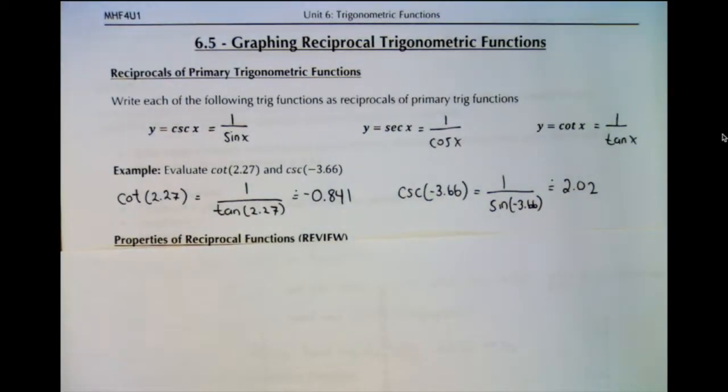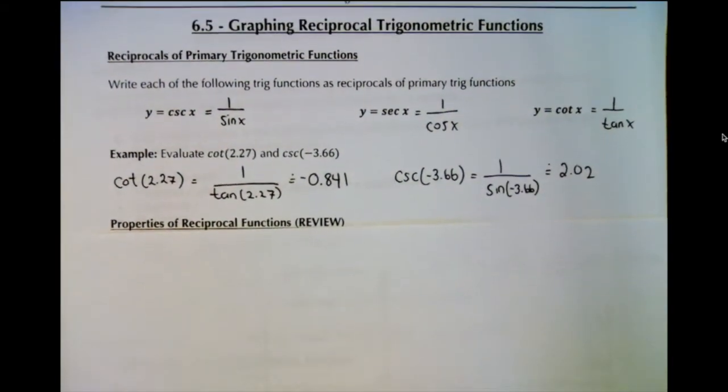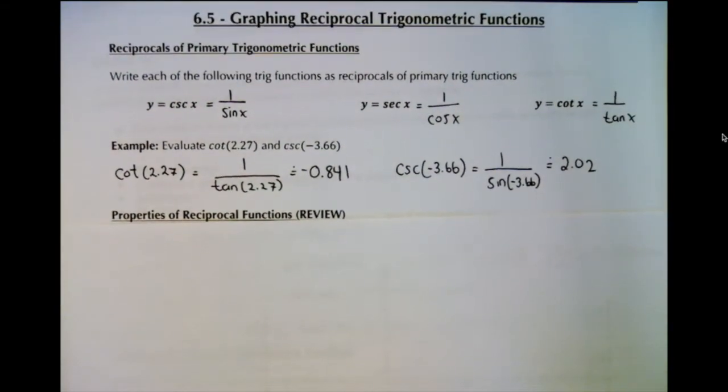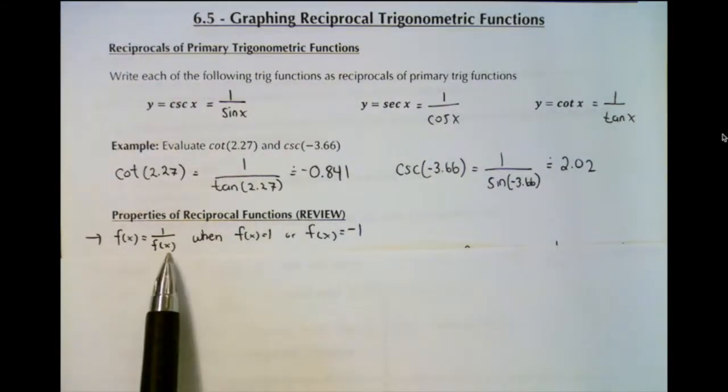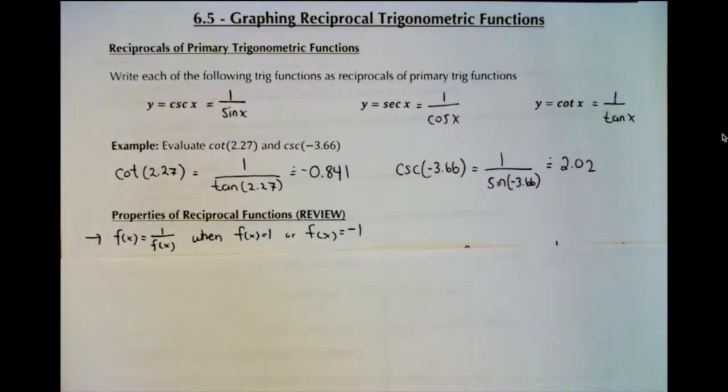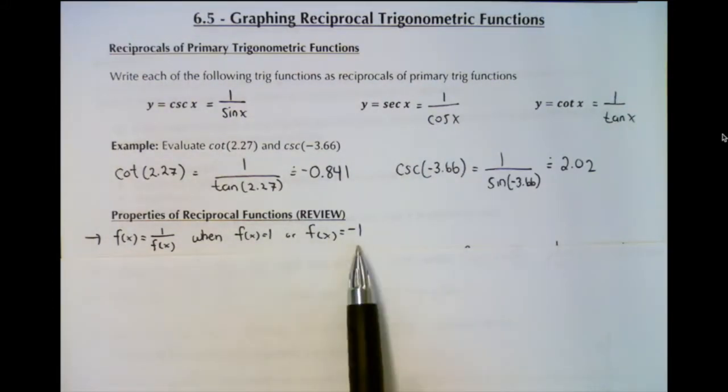All right, properties of reciprocal functions. I've gone ahead and pre-written these out, and I'll give you a chance to write them out as I talk about each one as we go through them. The first one is that the original function and the reciprocal function will share a point when y is 1 and when y is negative 1.